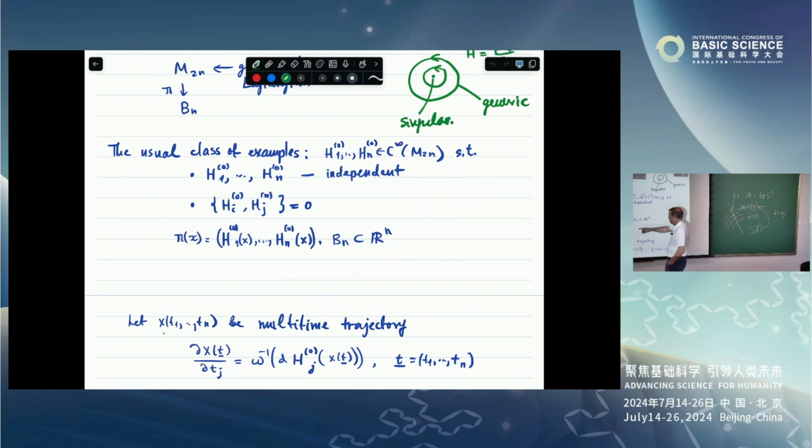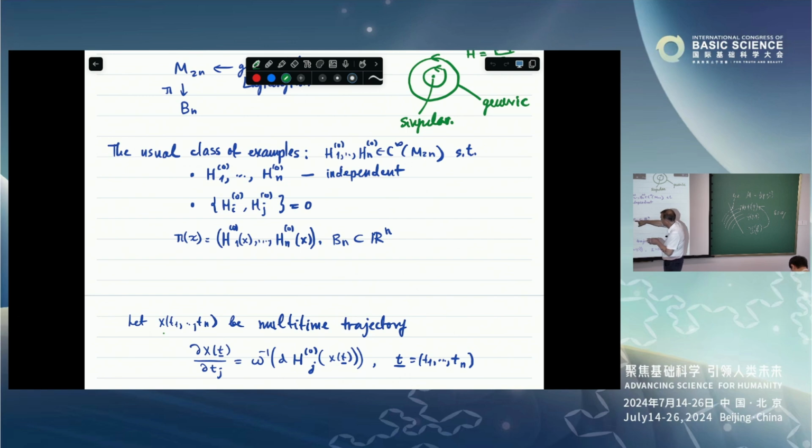Then this Lagrangian projection is simply the projection to the values of the Hamiltonians given by these functions, and the base of this Lagrangian fibration is just some region in Rn. So in general, B can be quite complicated manifold. Actually, it can have some singularities, and typically it should have some singularities.